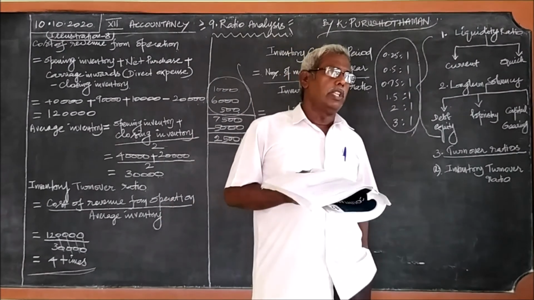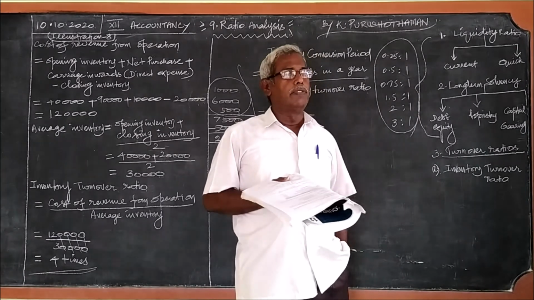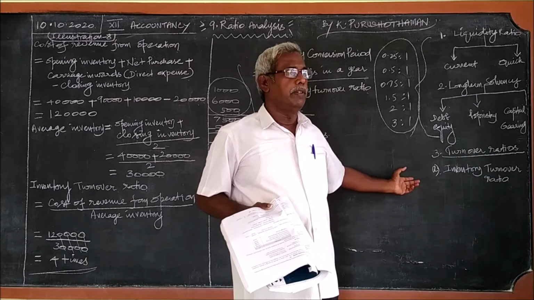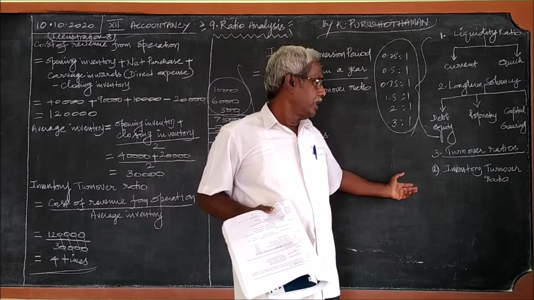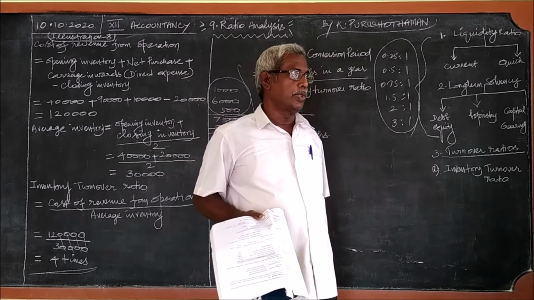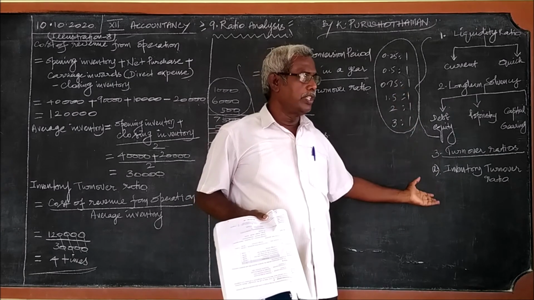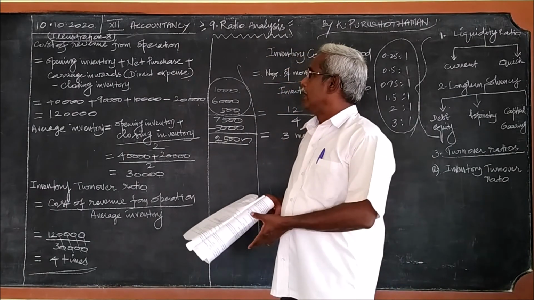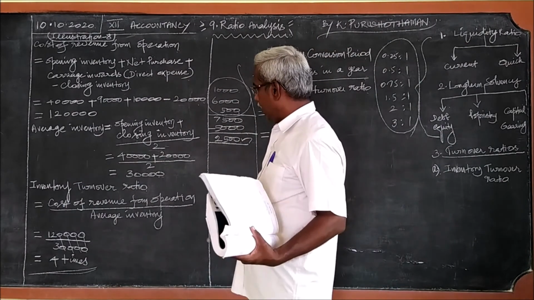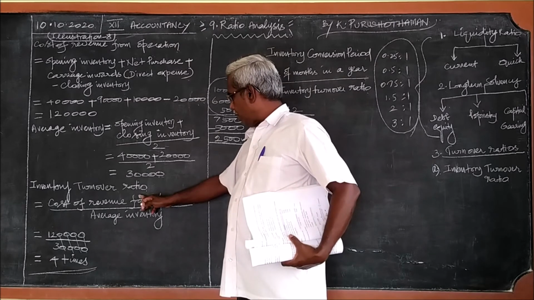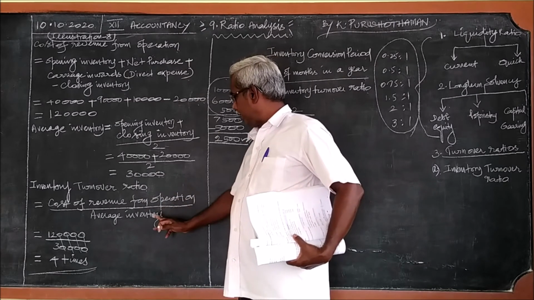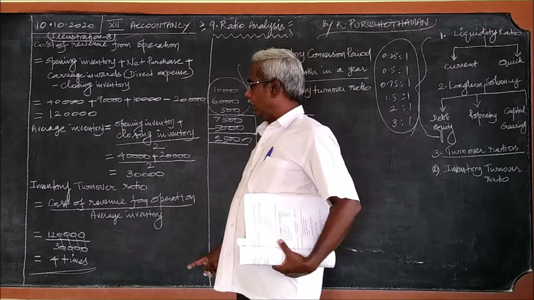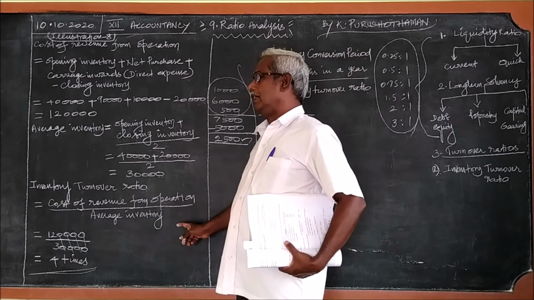So what you have learned in this formula, the third type of ratios is called turnover ratios. Under this turnover ratio, the first type is inventory turnover ratio. For inventory turnover ratio, what is the formula? Cost of revenue from operation divided by average inventory. Why have I written the formula here?